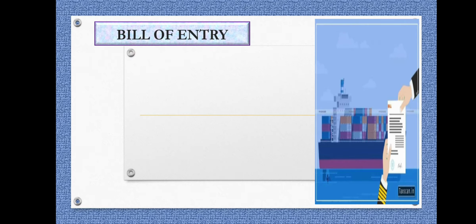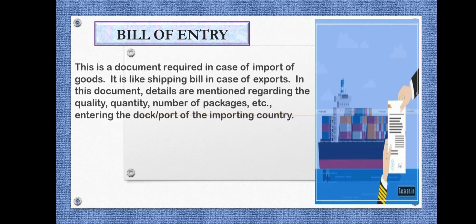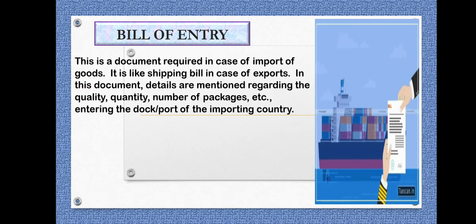Next is bill of entry. This is a document required in case of import of goods. It is like shipping bill in case of exports. That means whenever a person is doing the export, at that time he requires the shipping bill, and bill of entry is required in case of import of goods.